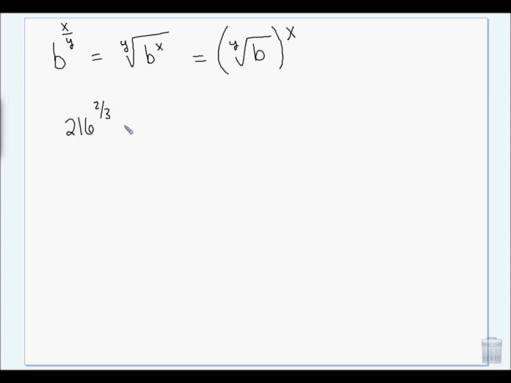Okay, so another thing that we have is if I have, let's say, some base b to the exponent of x/y. And we've already talked about how that's the same thing as the y root of b to the x, like this. It's also the same thing as the y root of b, raised to the power of x. And sometimes that's much easier to do. So if we take that 216 example that we just had, that's the cube root of 216, squared.